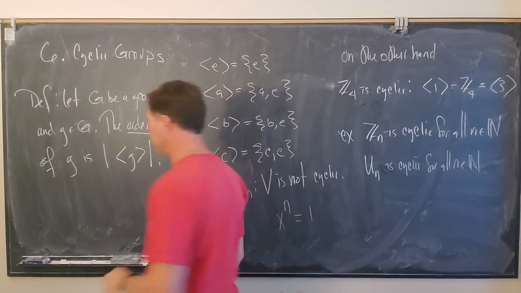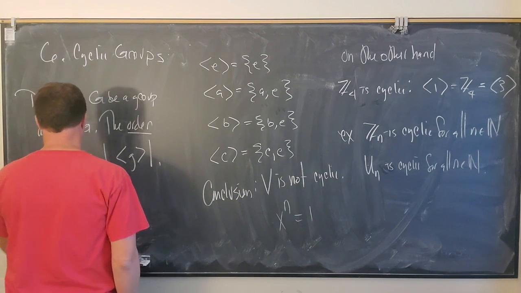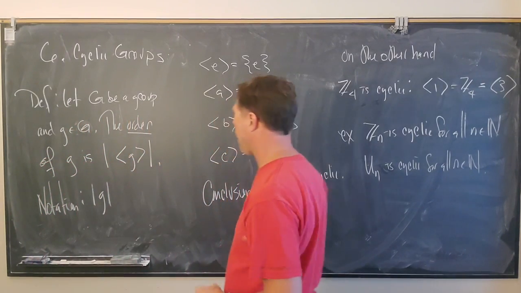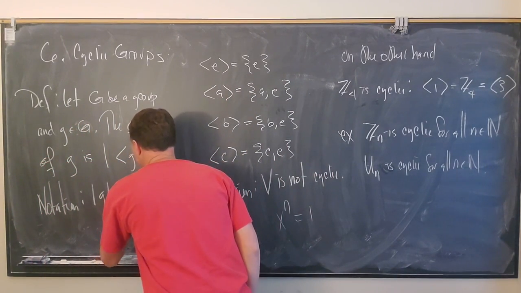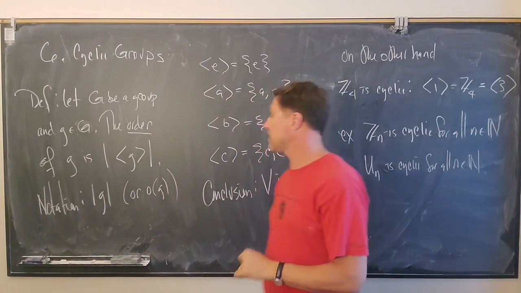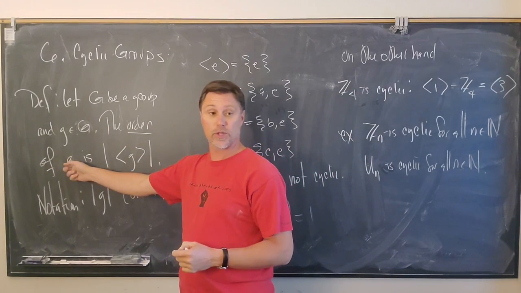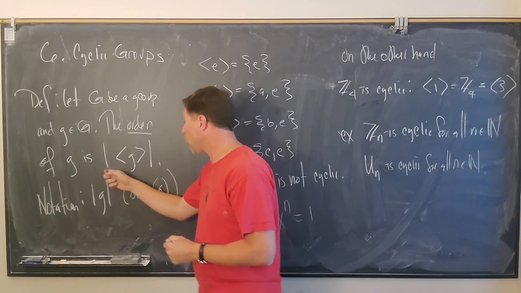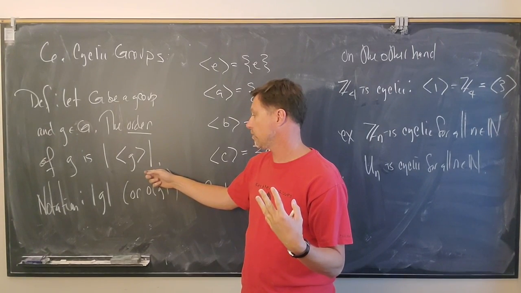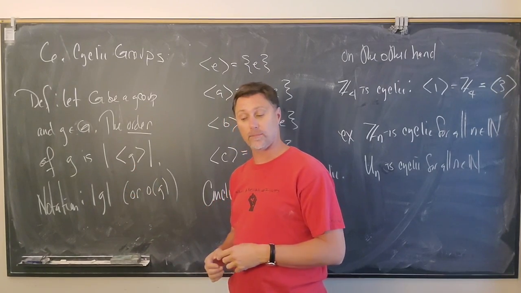And the notation, we'll just write absolute value bars around little g. Some other authors write little o of g. Both of these mean the same thing. So what is the order of the element little g? It is the order of the cyclic subgroup generated by little g, which is the cardinality of this subgroup as a set.